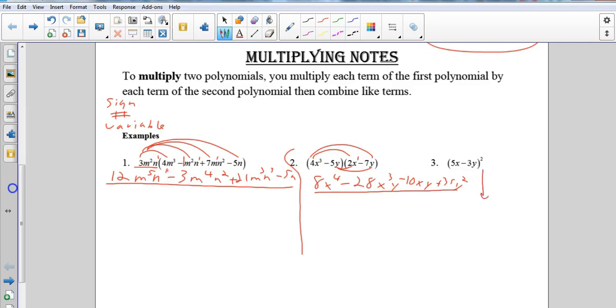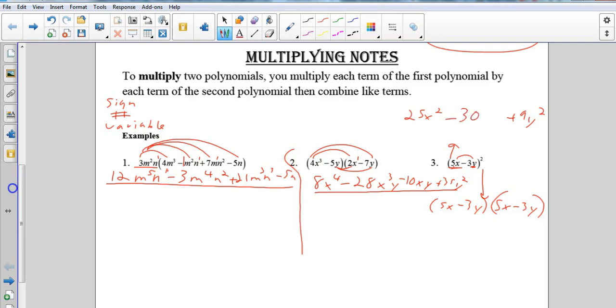We'll bring number 3 down here a little bit. This is, remember, really 5x minus 3y times 5x minus 3y. If you remember the shortcut, we'll use a shortcut up here. You can square the first term, 25x squared. You can square the last term, plus 9y squared, and then multiply these two and double it. Negative 3 times 5 is negative 15.